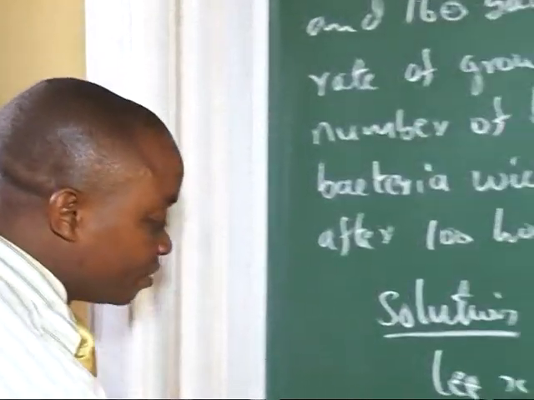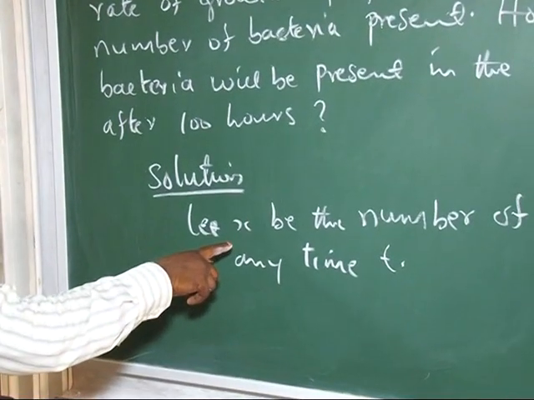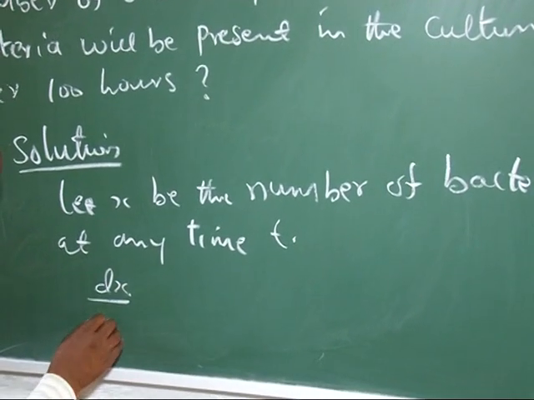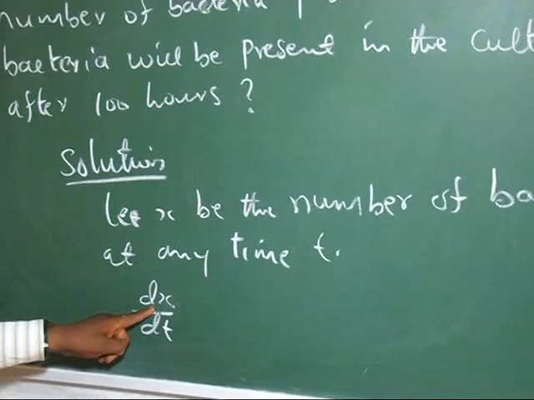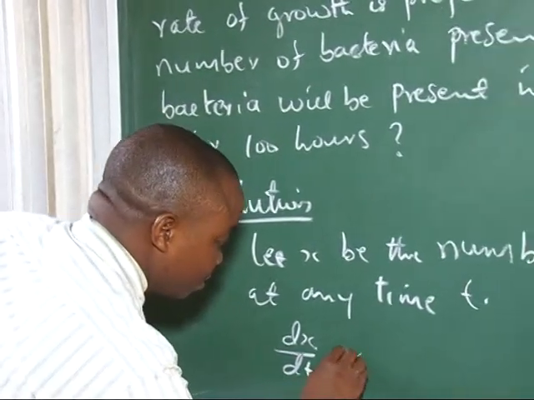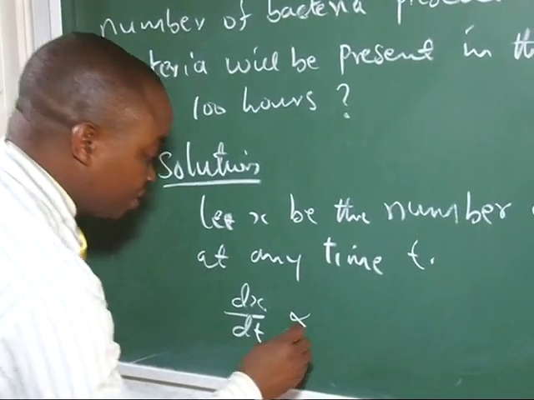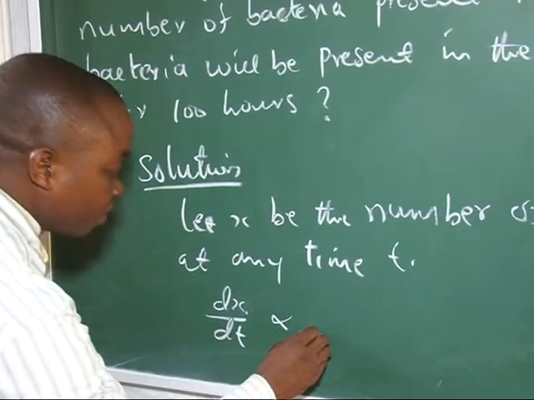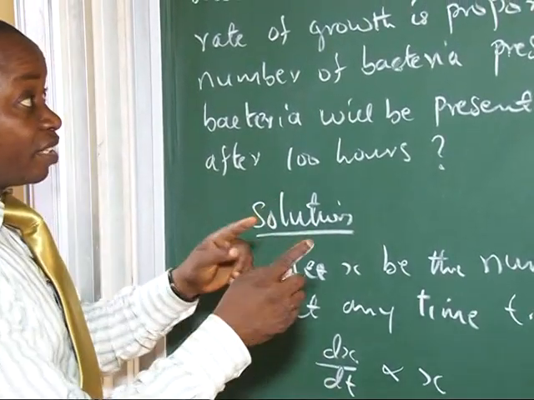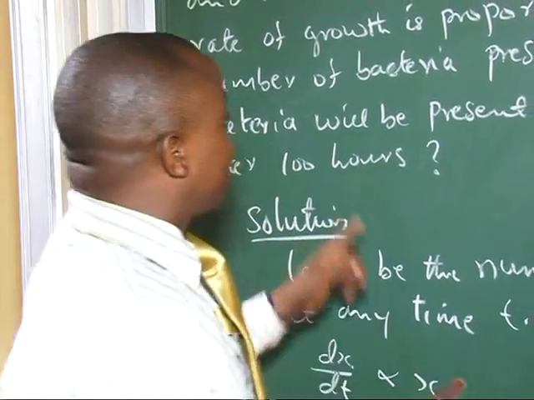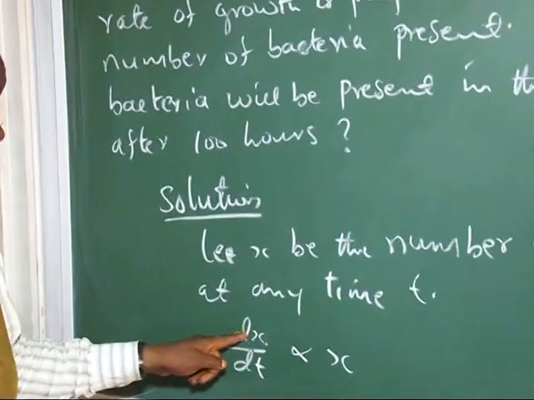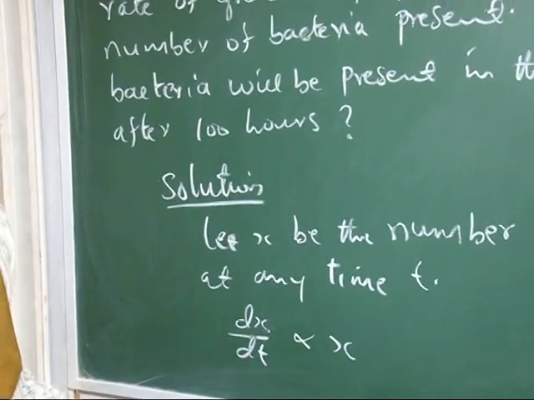So we now see, since x represents the number, therefore dx over dt, that is the rate of increase with time, is proportional to x. The rate of increase is proportional to the number, because the number was x.